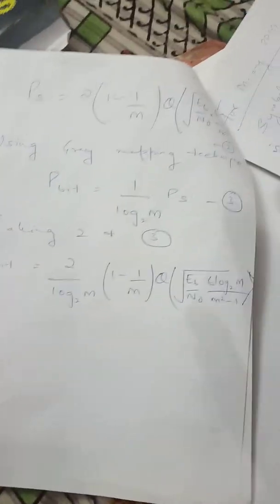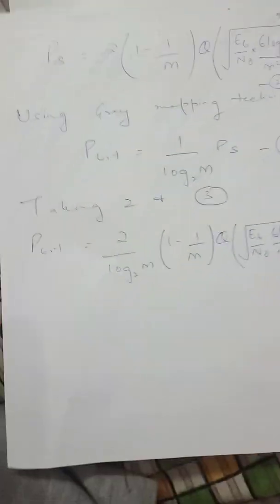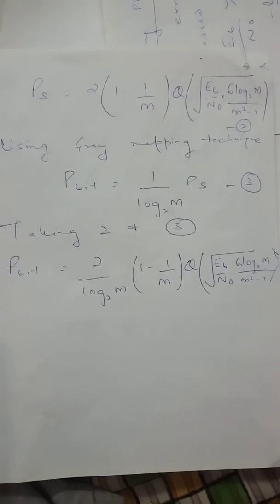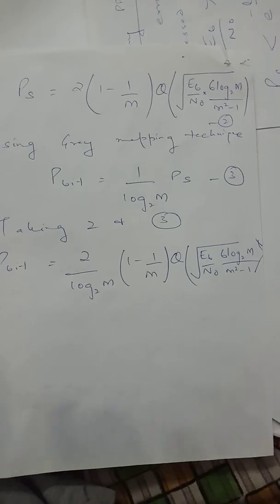For the PAM system, the value of Ps is calculated by this equation: Ps is equal to 2 times (1 minus 1/M) times Q of this portion.